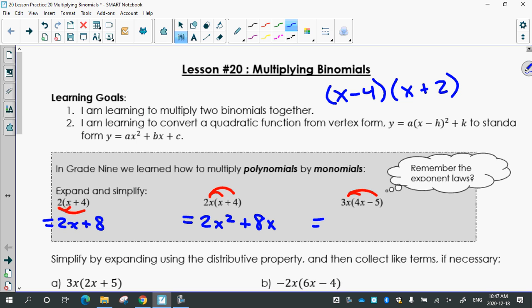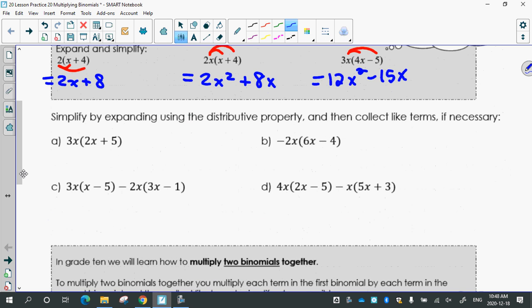Yeah? 12x squared minus 15. Yes. Excellent. Okay, so x times x is x squared. That's why it says remember the exponent laws there. X times x is x squared. Okay. All right, simplify by expanding using the distributive property and then collect like terms if necessary. So the first two, just try using the distributive property, remembering back to grade 9.